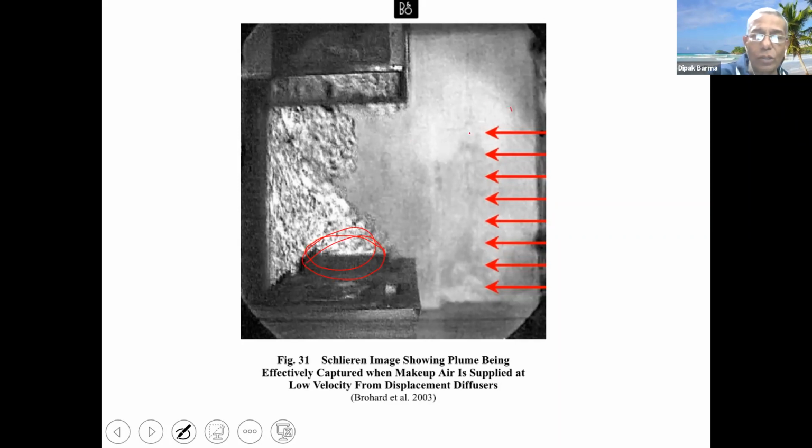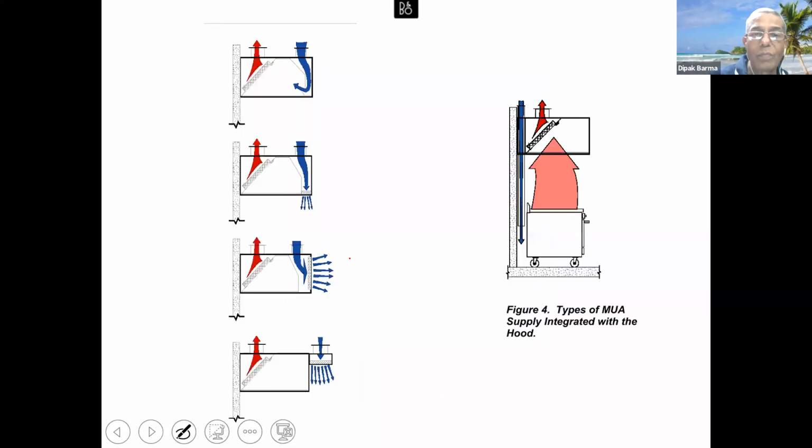So if this is to be used, you have to be very clear that the makeup air is supplied at very, very low velocities from the displacement diffusers on the side. That is a very good arrangement, but care has to be taken for it to be at a lower velocity, not to impact the flame. This is the same thing given in a colored picture, where we have the exhaust, the inside supply, the bottom supply, the side supply, and then the outside supply.